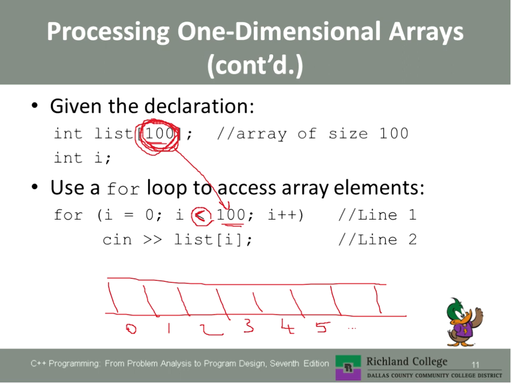In the first iteration, we're referring to the 0th element. Whatever we write in, you can see it's a cin operation, so it's coming from the terminal. So whatever the user types in is going to be stored in the 0th location.